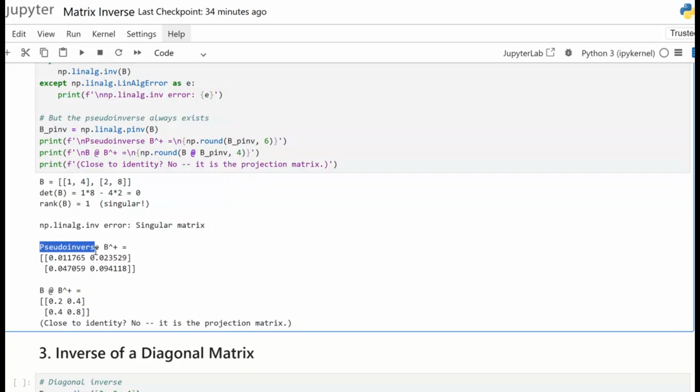The pseudo inverse still exists and produces B multiplied by B plus, with the exact output 0.2, 0.4 and 0.4, 0.8, which is not the identity, but the orthogonal projection onto the column space of B. The pseudo inverse gets as close to I as possible for a singular matrix.